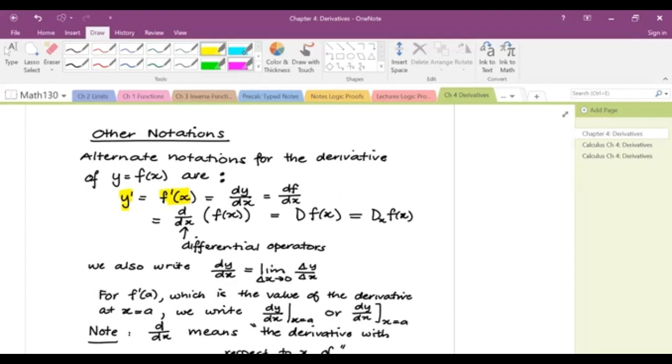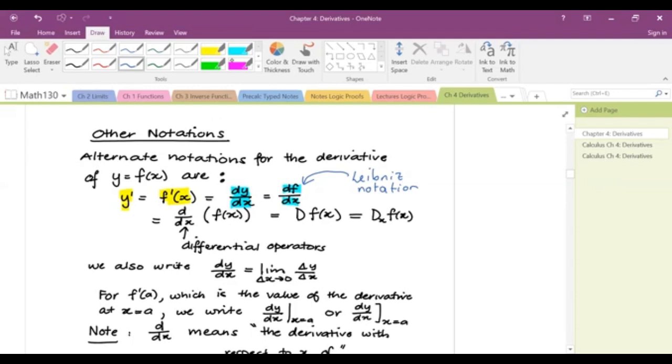We've also got Leibniz notation where we say dy by dx. So that is the rate of change of y with respect to x, or df by dx, the rate of change of f with respect to x. Leibniz notation. They're highlighted in turquoise. We can use a differential operator.